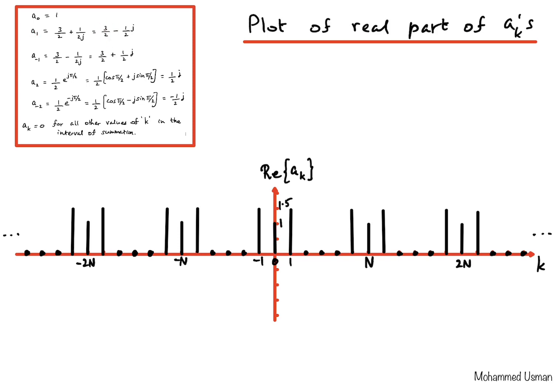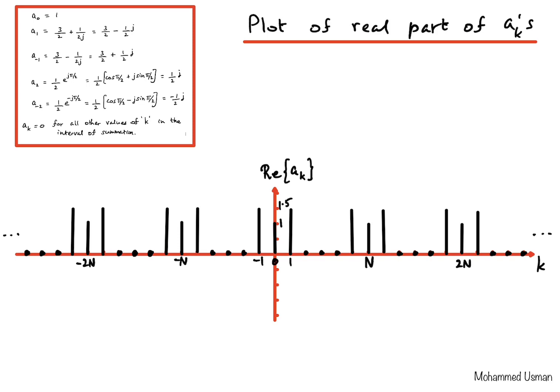For a1, the real part is 3 by 2, because it is the real part minus j times the imaginary part; what is with j is the imaginary part. So 3 by 2 is the real part, and minus 1 by 2 is the imaginary part for a1. For k equal to 1, the real part is 3 by 2, which is 1.5. For k equal to minus 1, the real part is again 1.5, which is 3 by 2.